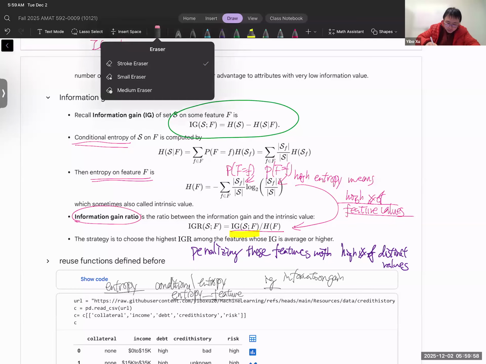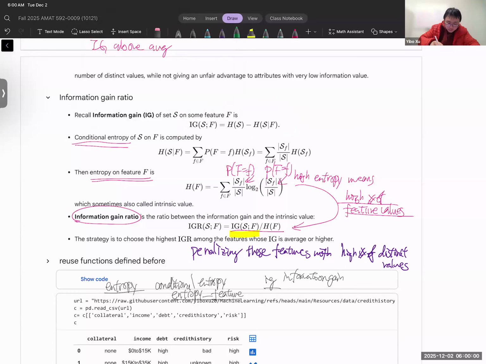But what's different here is that for each feature we also calculate the entropy of the feature. The larger the entropy of the feature, the more this feature itself has too many different possible values. If that's the case, then we penalize this kind of feature by dividing by this entropy.